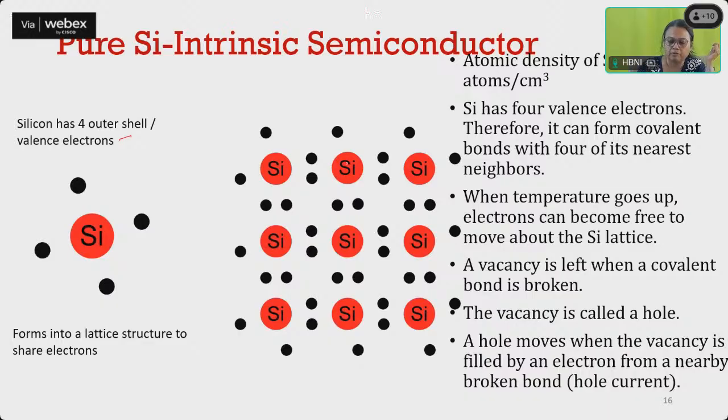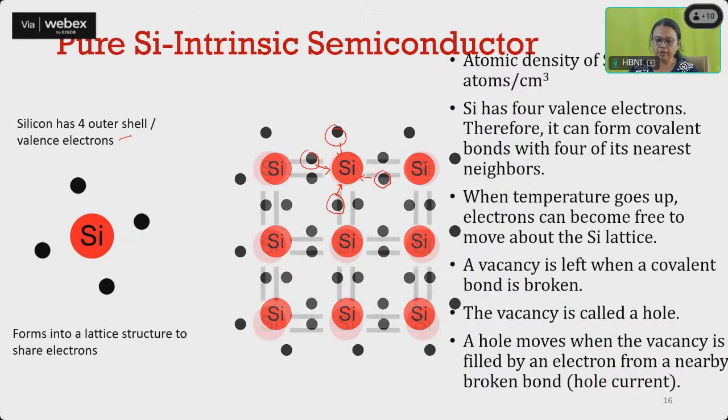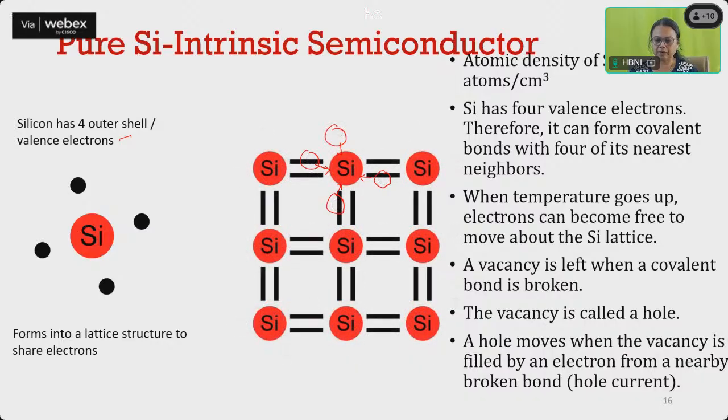So we have one silicon; this electron belongs to this one, and this electron belongs to this one, and so on. In the middle one, we can see that it forms covalent bonds with four of its nearest neighbors. These are the four covalent bonds.